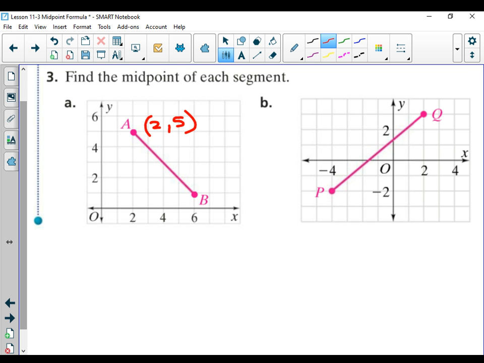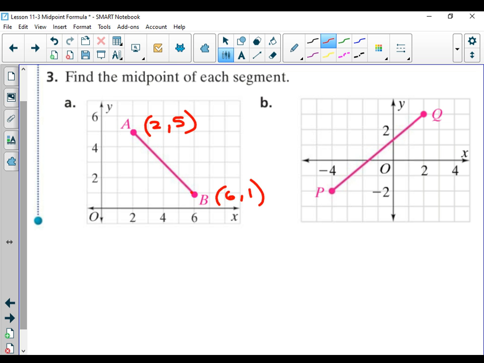Right 2, up 5, we'll find Allie's house. Do we have any B's? Bryn's house, right 6, forward 1, or up 1.